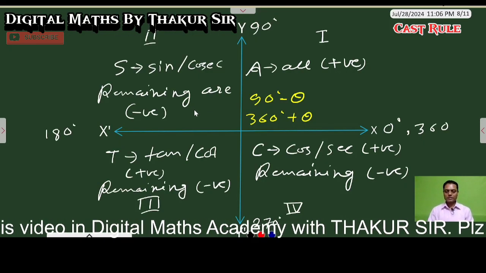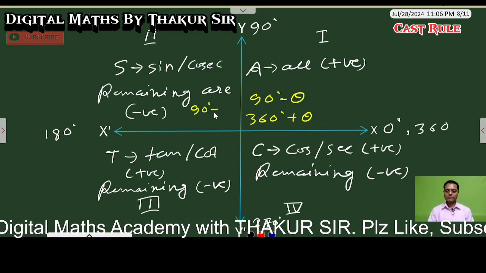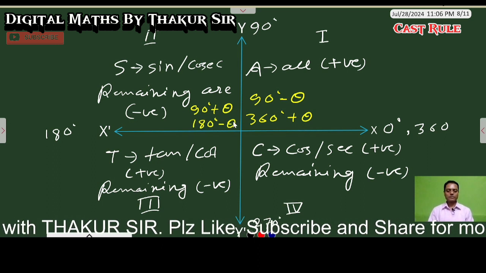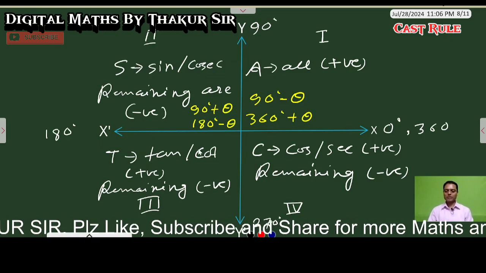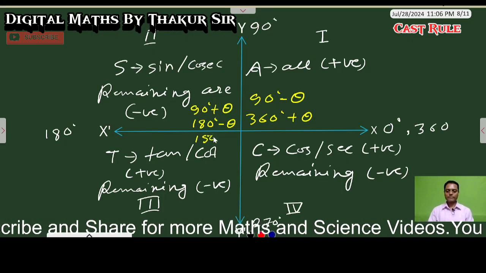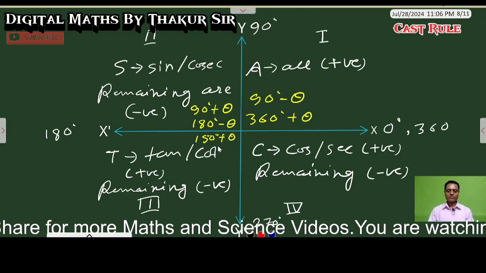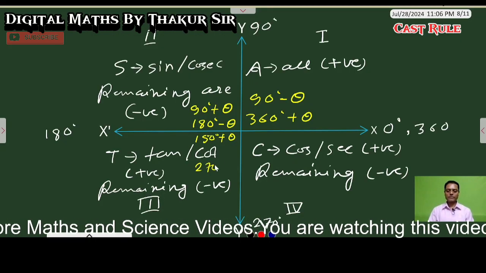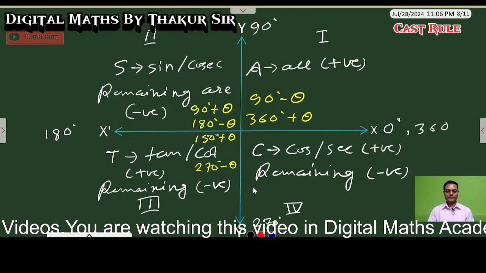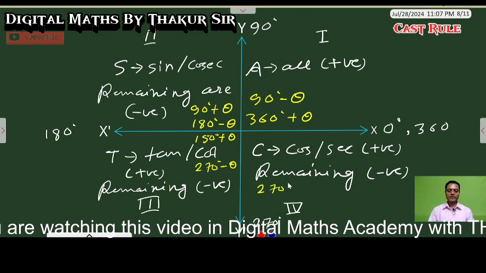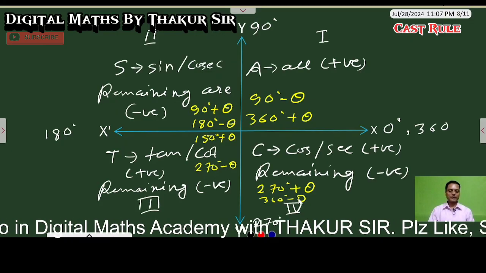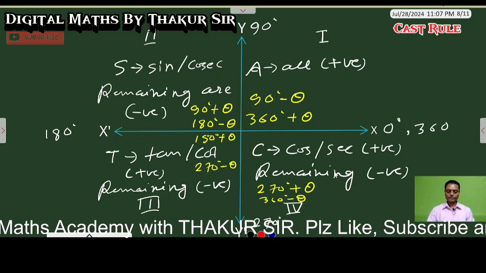In the second quadrant, 90 degree plus theta and 180 degree minus theta lie. The third quadrant has 180 degree plus theta and 270 degree minus theta. Similarly, the fourth quadrant has 270 degree plus theta and 360 degree minus theta. Theta is an acute angle.